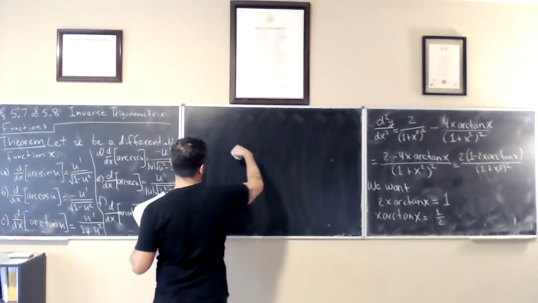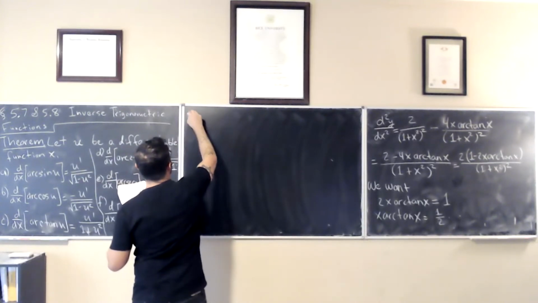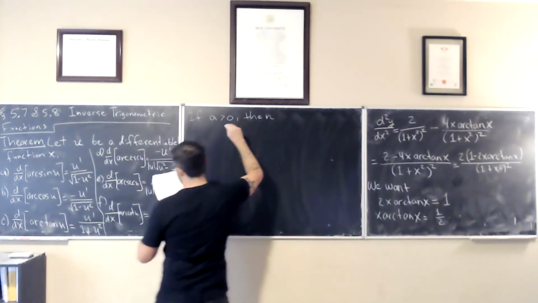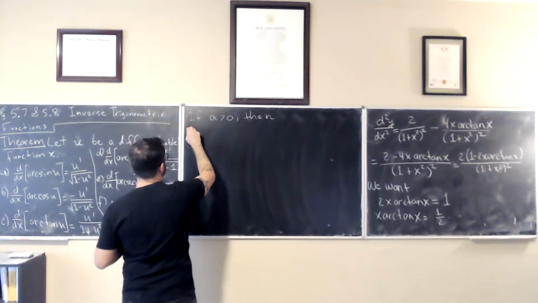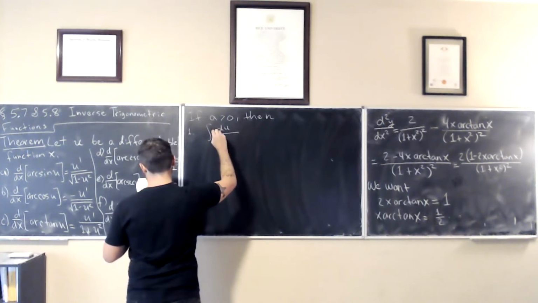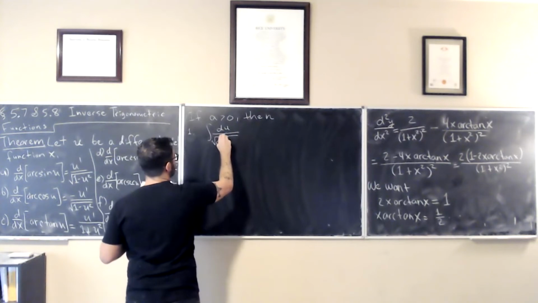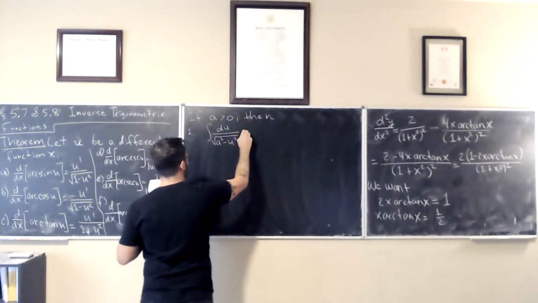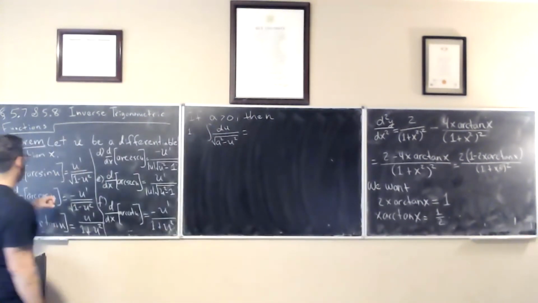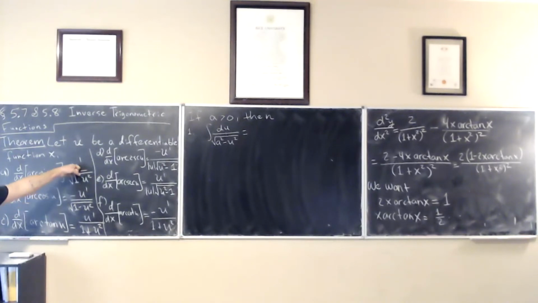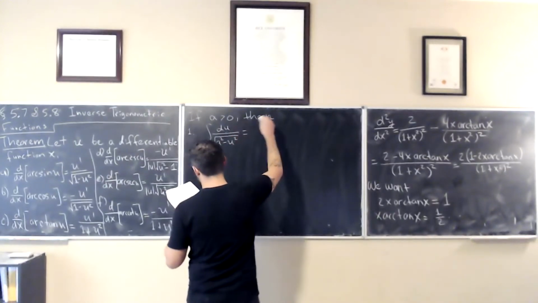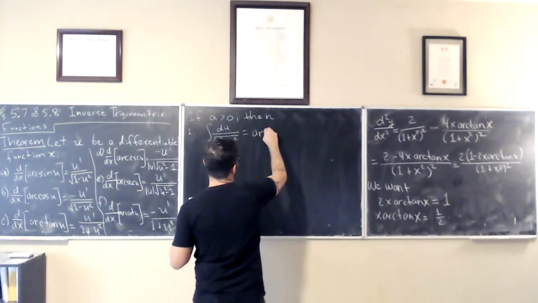So I guess we can lump this into the following table. If a is greater than 0, then 1: the integral of du over root a squared minus u squared. We're looking at the antiderivative of this. This looks like du over root 1 minus u squared, except the difference is now there's an a, but we can account for that by putting it as follows.